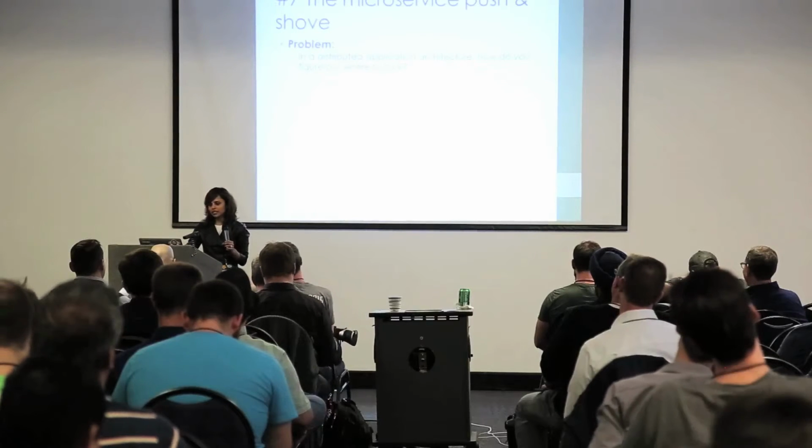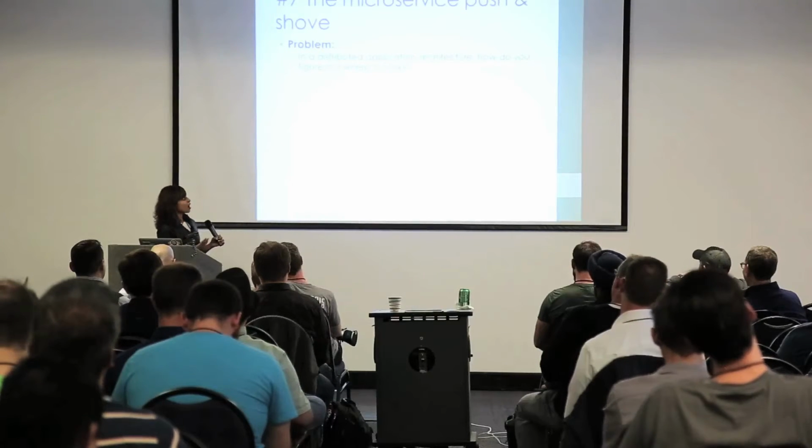The problem is basically, in a distributed application architecture, how do you figure out where to start looking? When you have over 1,000 microservices, and this is not even a large application, it's a fairly standard application that can run into several thousands of microservices, how do you start isolating which subset of your application you should look at?